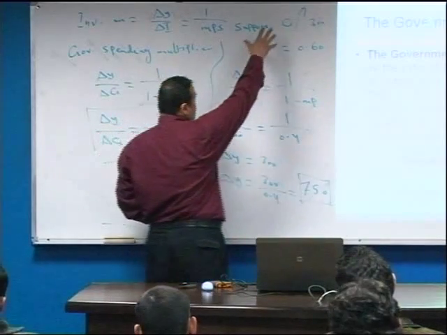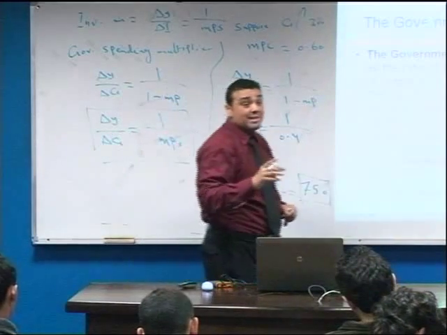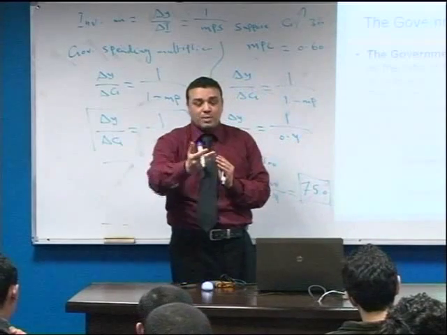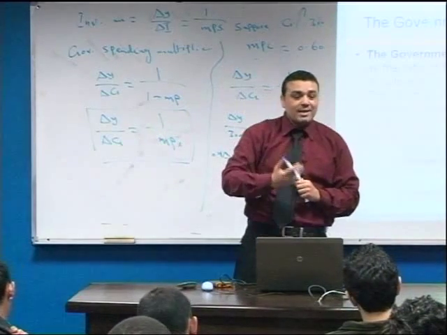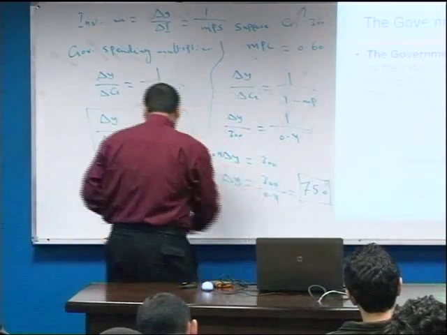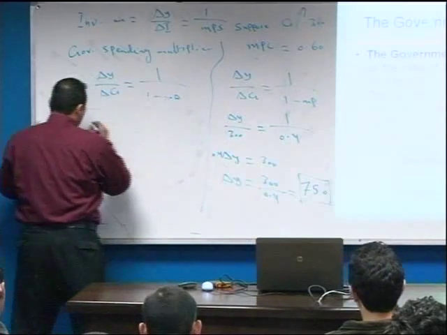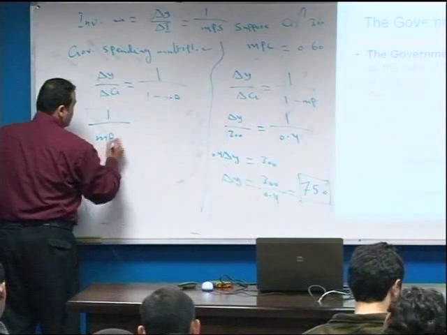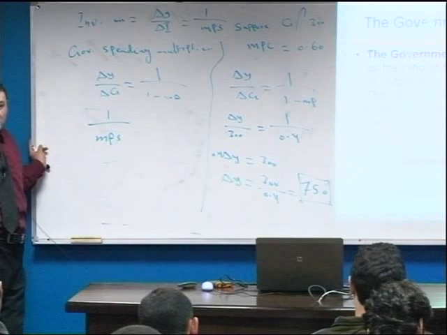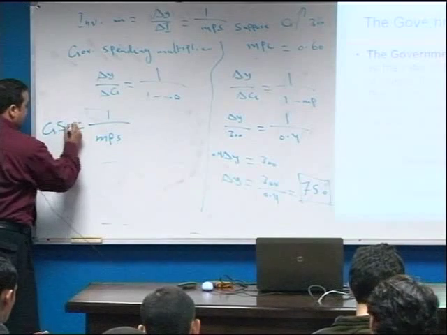From this information, derive or calculate the government spending multiplier. We don't ask you about the change in aggregate output, we are asking about the government spending multiplier. As you know, the government spending multiplier equals 1 over MPS, or 1 over 1 minus MPC.